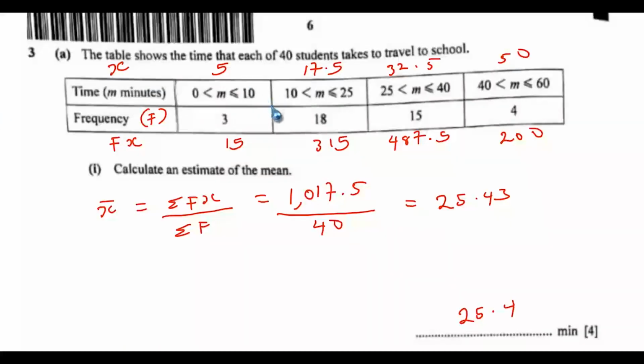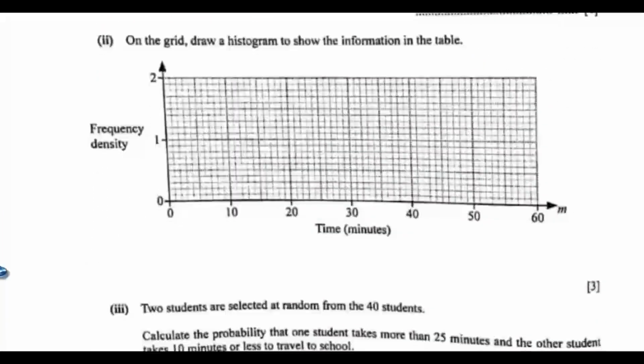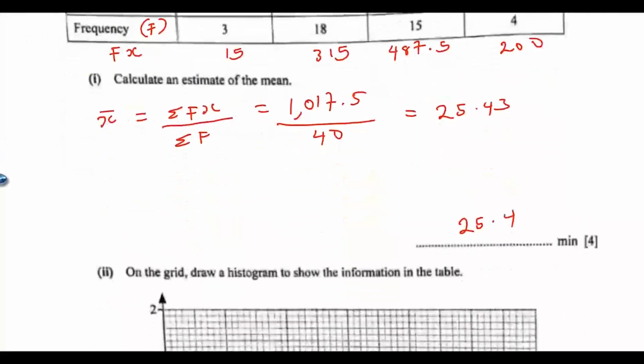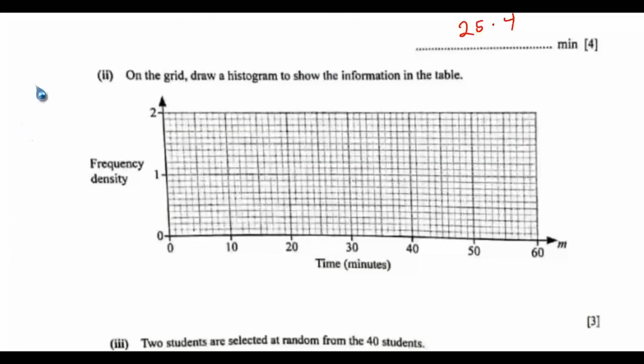Let's start with the first: 3 divided by the class size, 10 minus 0, that is 10. So we have 3 over 10, equal to 0.3. This will be the frequency density for the first class.